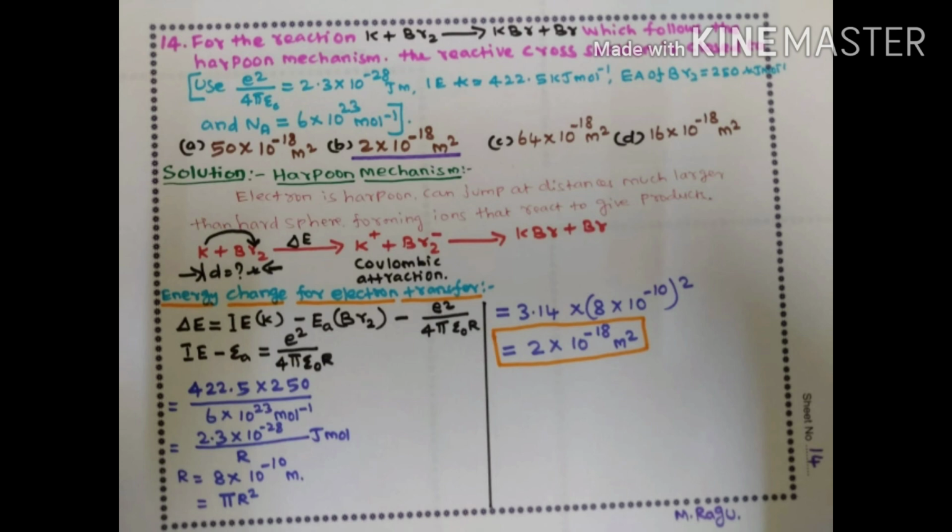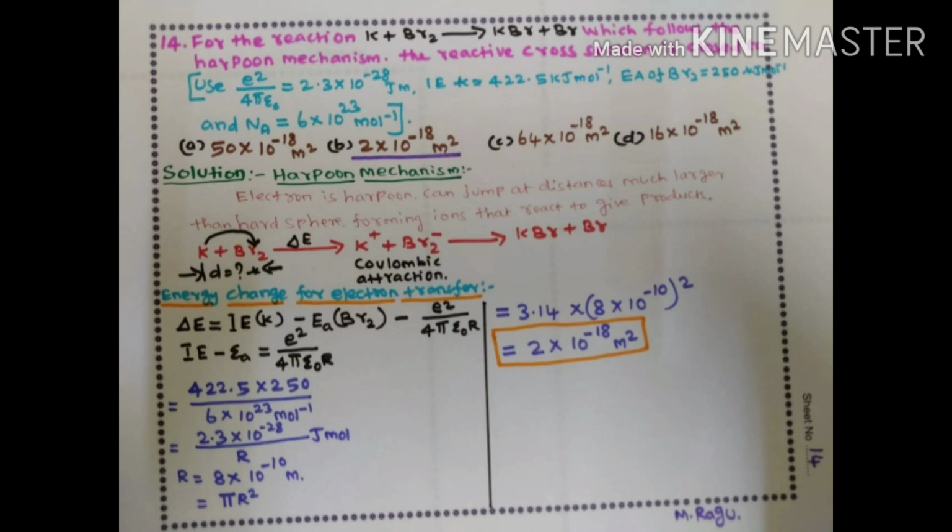Ionization energy is the given 422.5, minus the electron affinity of bromine, 215, divided by Avogadro number 6 into 10 power 23 per mole, equals 2.3 into 10 power minus 28 divided by R joule per mole. R is 8 into 10 power minus 10 meter.